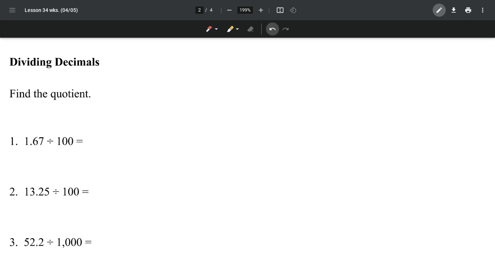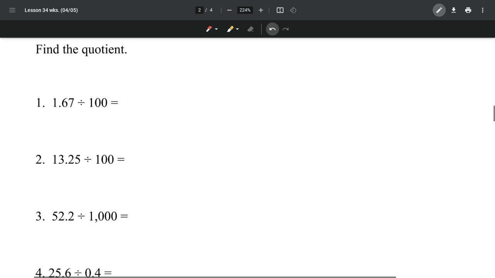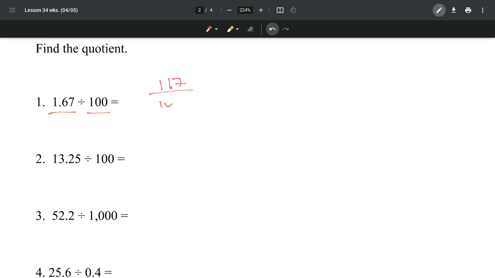So we're going to divide the decimals now, and we're finding the quotient of 1.67 and 100. Basically 1.67 divided by 100 could be written as 167 over 100 times the reciprocal, which is 1 over 100, right?